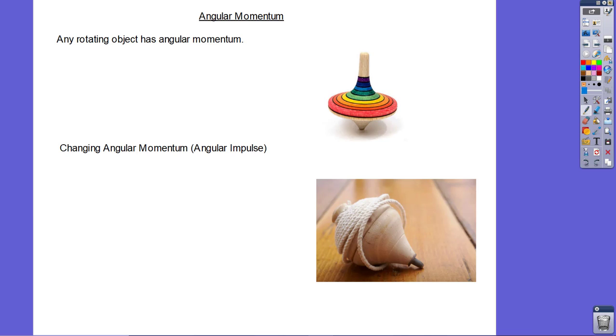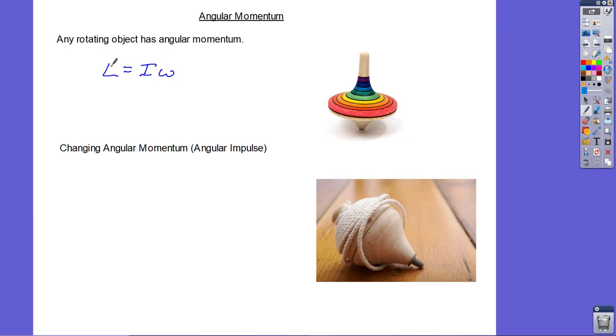If you have any rotating object, it has angular momentum, and again the analog, L stands for angular momentum, that's equal to I times omega. So similar to P equals mv. So capital L is angular momentum. Anything that's rotating has angular momentum, and just like linear momentum, it's not a hard calculation to do. So it's more interesting to look at what changes it.